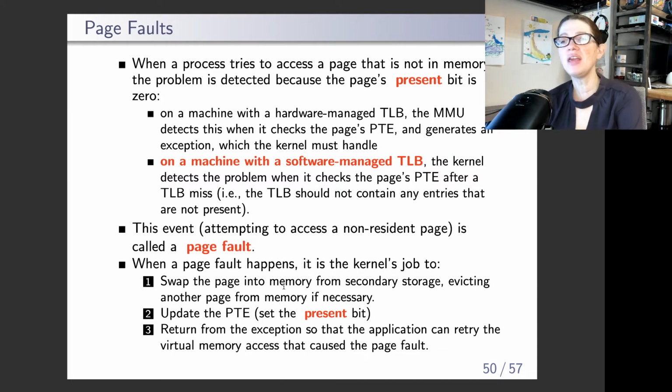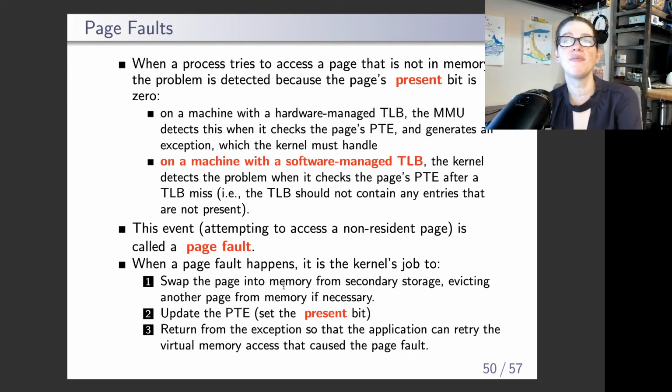If the TLB contained an entry where the present bit was 0, then we'd have a problem, because even though the TLB contains that page table entry, it doesn't work out because there's no frame. So we can't actually perform the translation. Now, there are 2 ways you could do this. The TLB could contain such entries, and when it checks the present bit, it throws an exception.